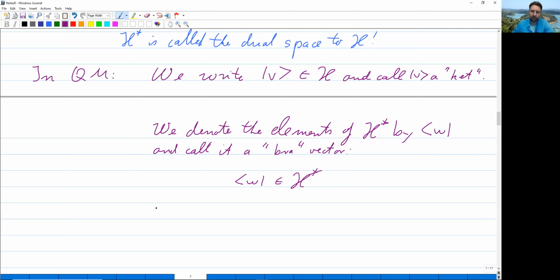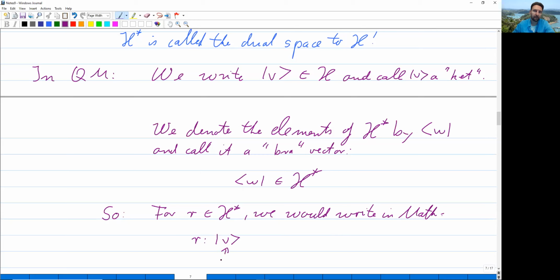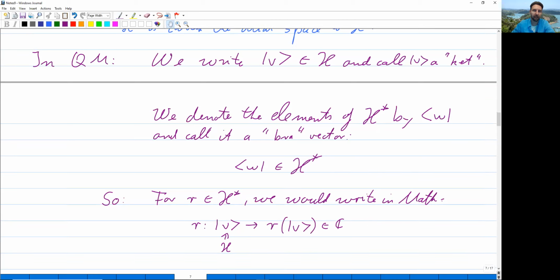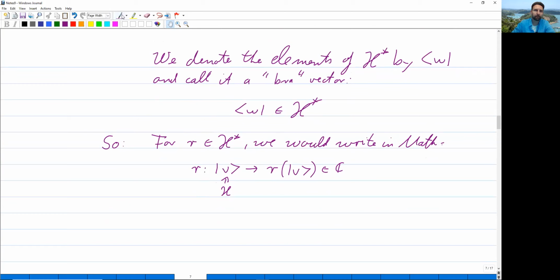Further, let's say R in H star. We would write in math that R is mapping a vector V from H into R of V, because it feeds on that input vector, and this is an element of C. This is how we would write it in pure math, because R is an element of the dual complex vector space.